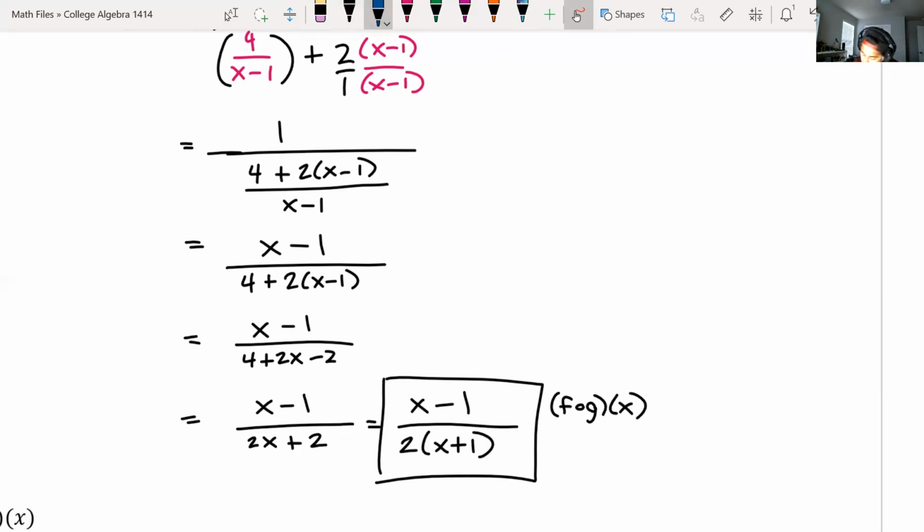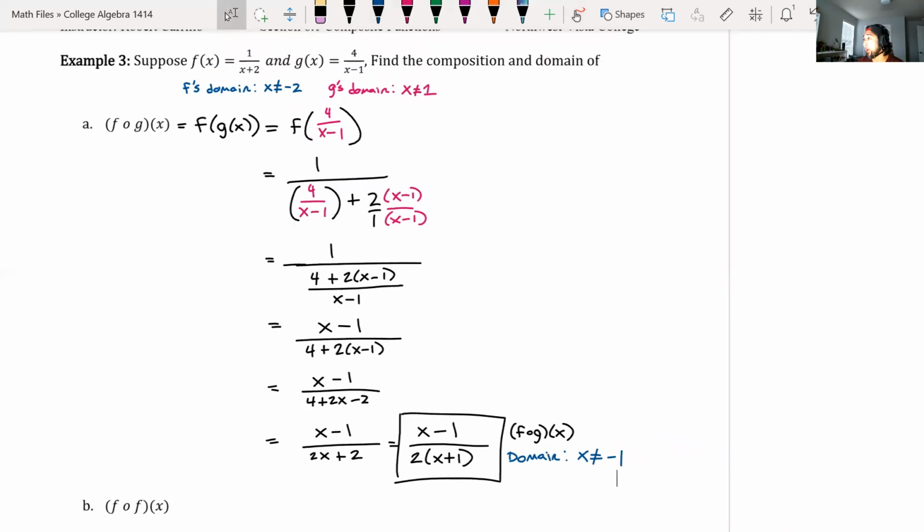And now we have to find the domain. So looking at this new function, what is our domain that you see below? X cannot equal -1. And now here comes the Mortal Kombat. Since f composed with g, we have to take g's domain.